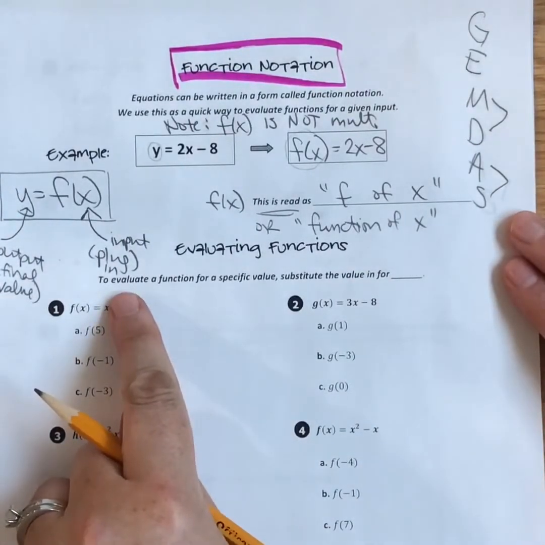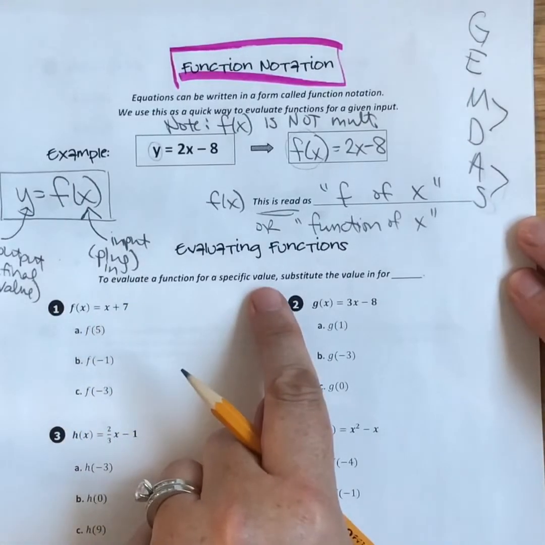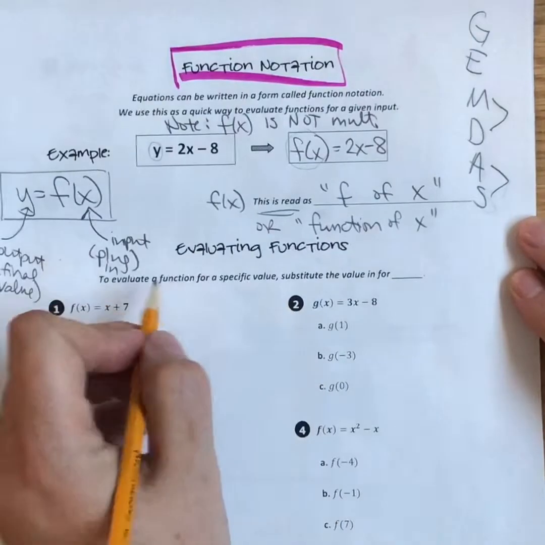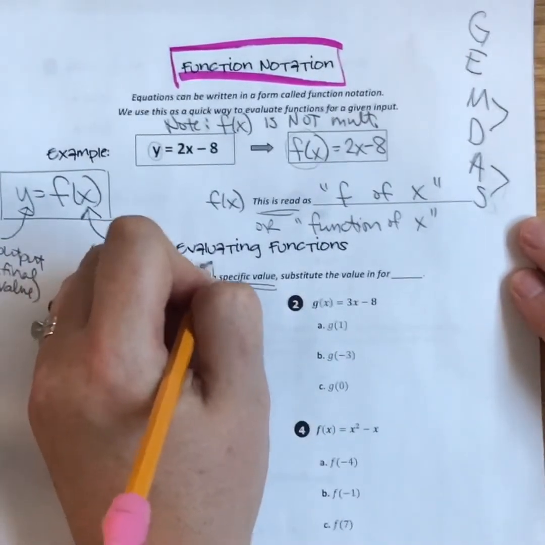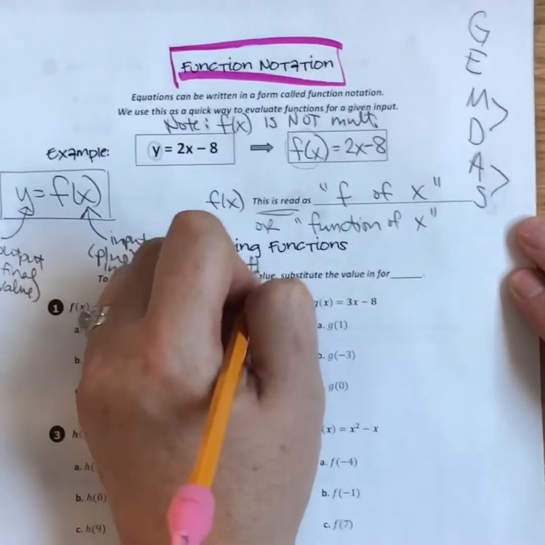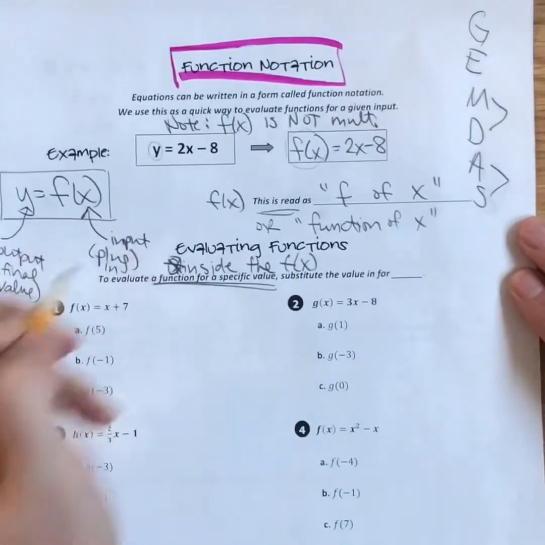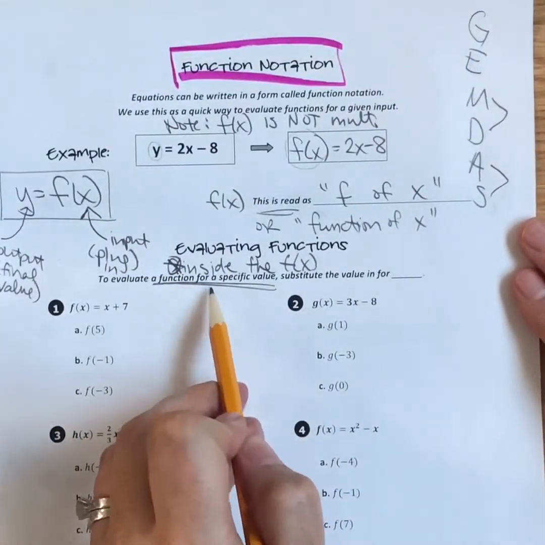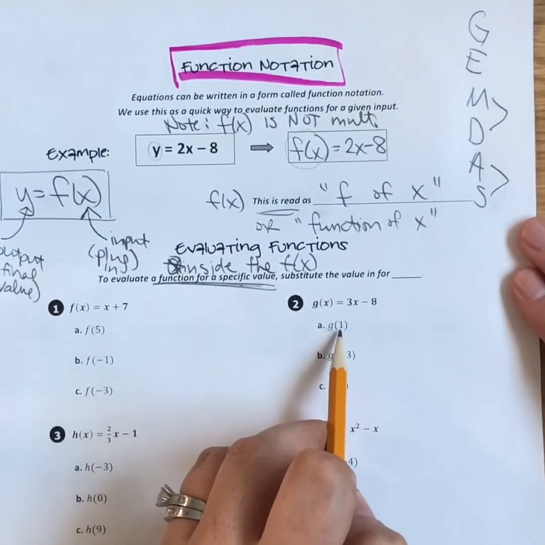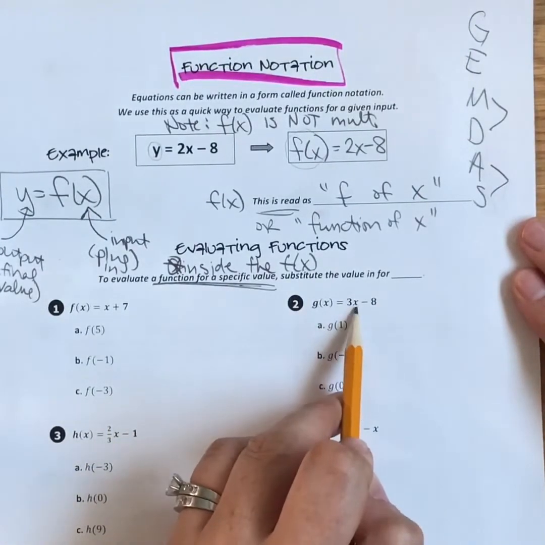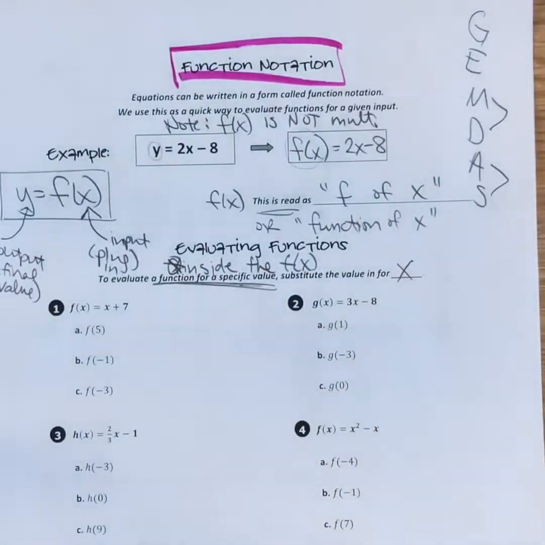So the nice thing is, all we're doing is to evaluate this function for a specific value, and this specific value right here, that's what's inside the f of x, okay? So the specific value is always inside. So like for example, on 2a, g of 1, we're going to plug in 1 for the x, but we just substitute in that value for x, okay?